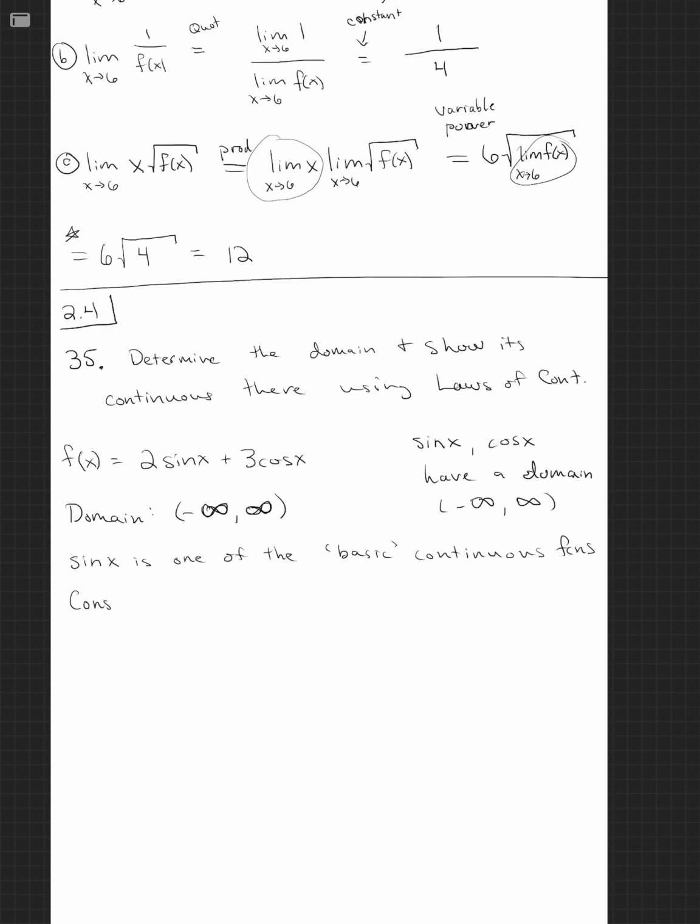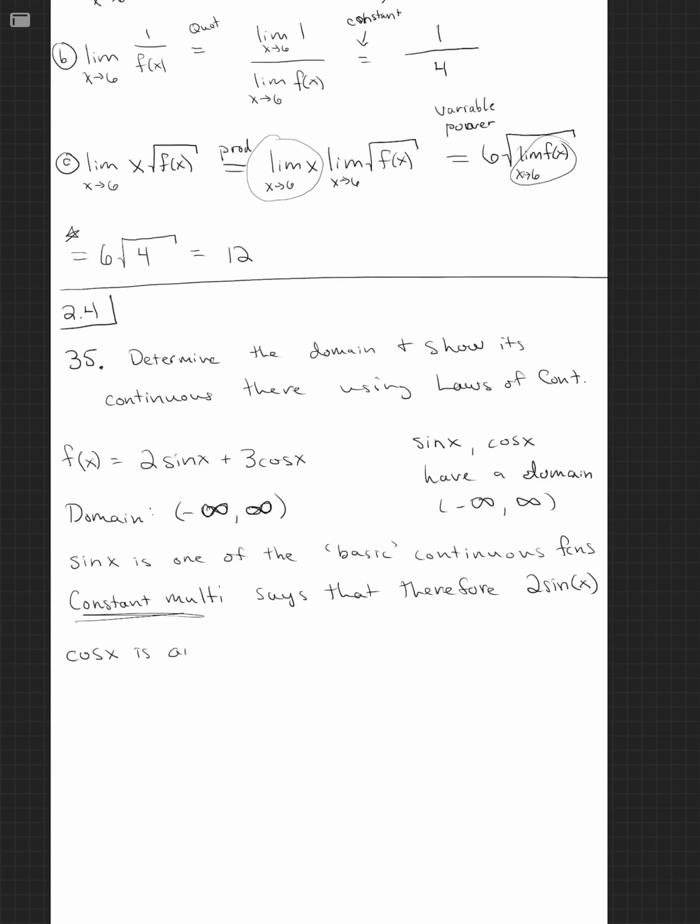The constant multiple rule says that, therefore, 2 sine x's, right? Because if we take a continuous function and multiply it by a constant, the multiple rule says that it's still continuous.